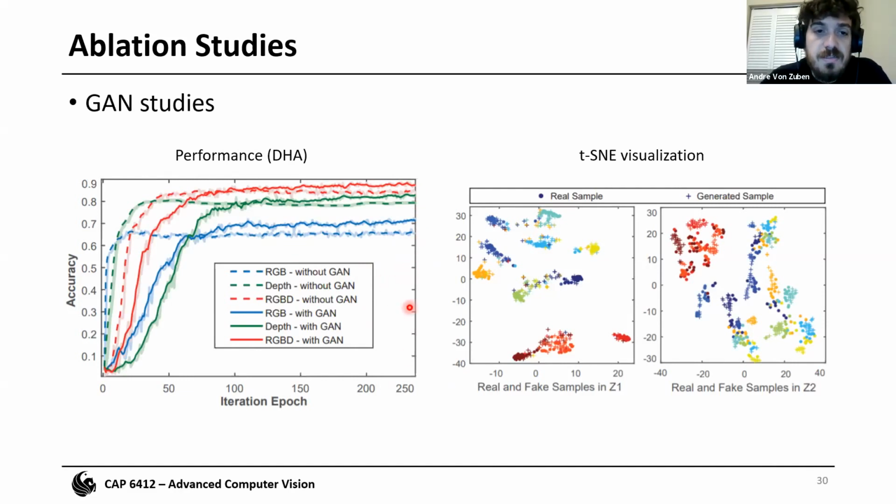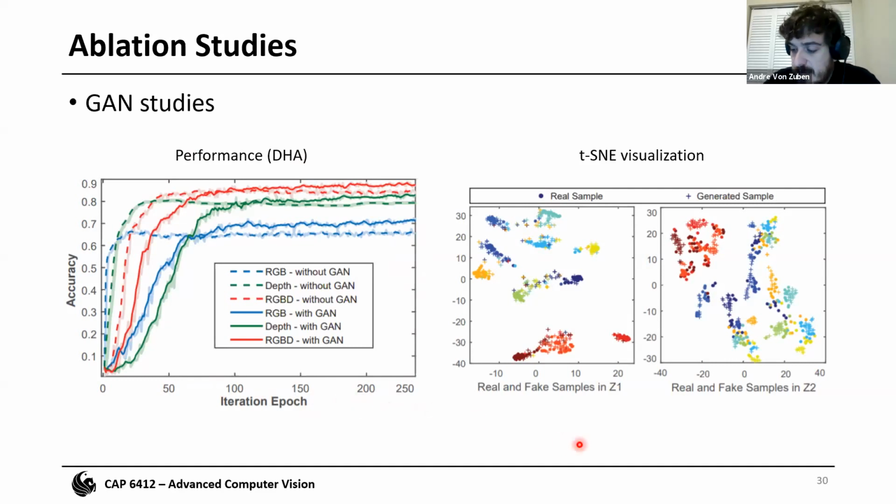So that proves that the generative network of their model is not only good to handle missing or incomplete view sequence scenarios, but also to increase the model performance.